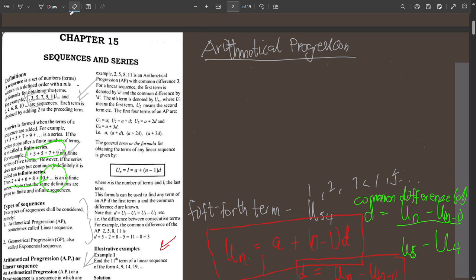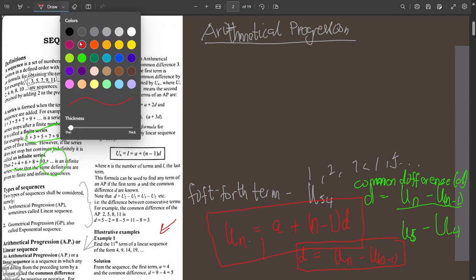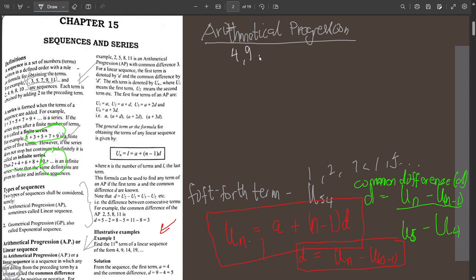So let's take our first question, example 1 here. Example 1 says find the 11th term of a linear sequence of this form. We've been given the sequence 4, 9, 14, 19, and we want to find the 11th term.